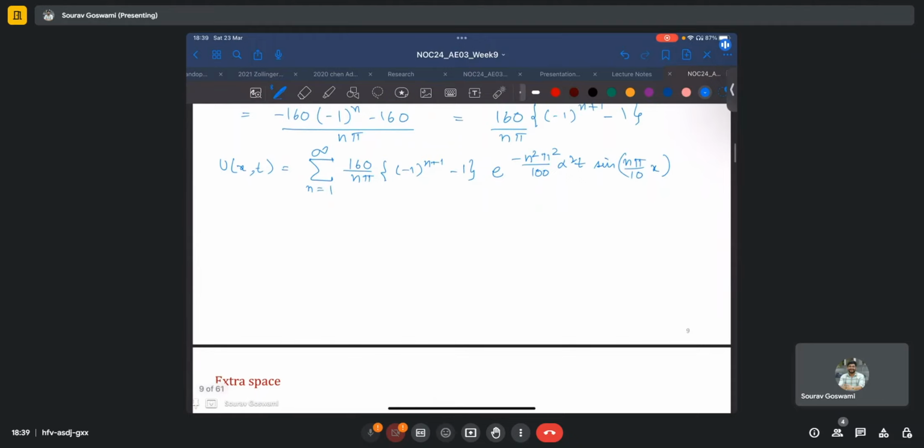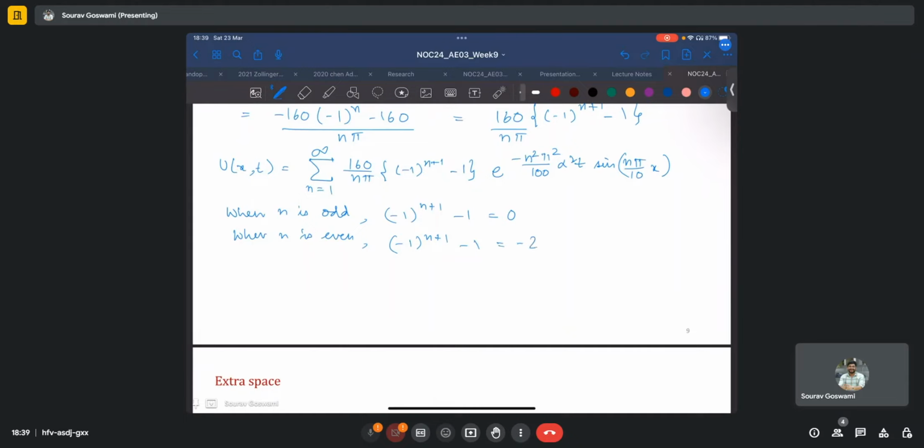Again, we can do one more simplification based on what exponent n we are dealing with, because we have a minus 1 power n plus 1 minus 1. So whenever n is odd, minus 1 power n plus 1 will be even, so this will be 1 minus 1, equal to 0. When n is even, n plus 1 will be odd, and minus 1 power odd will be minus 1.